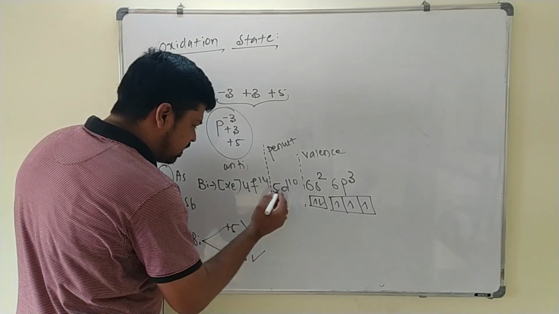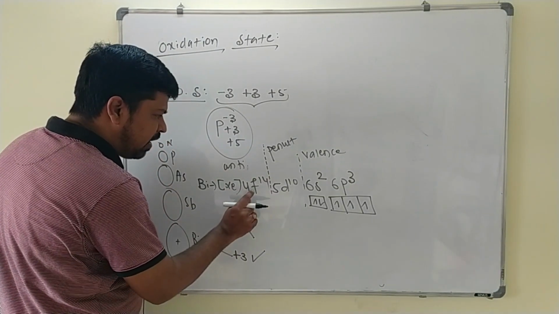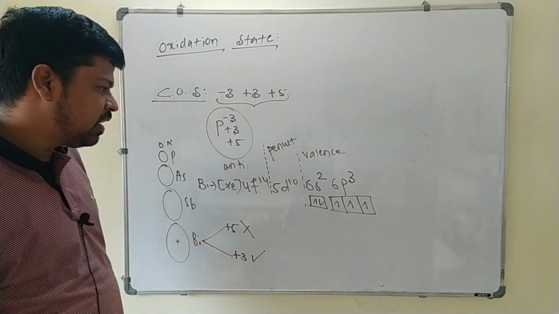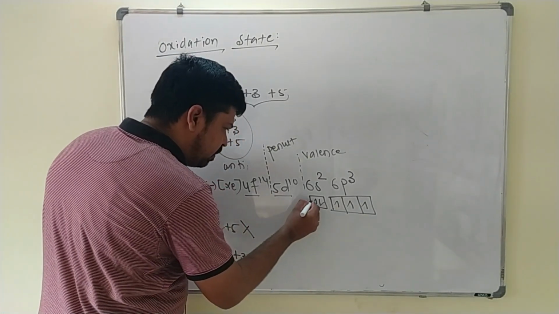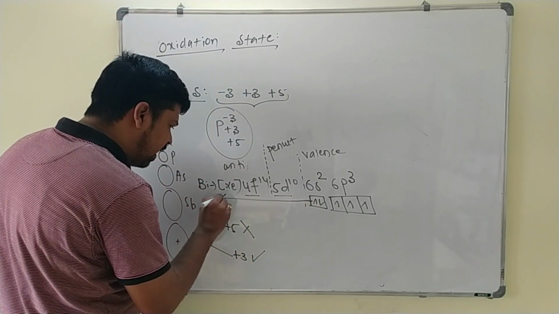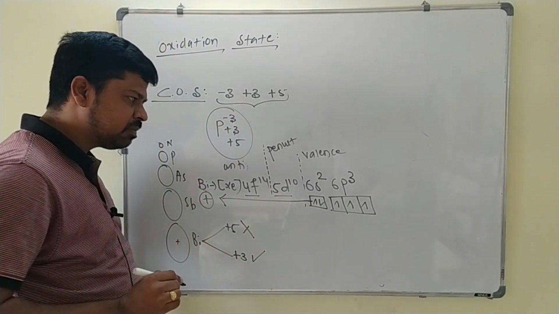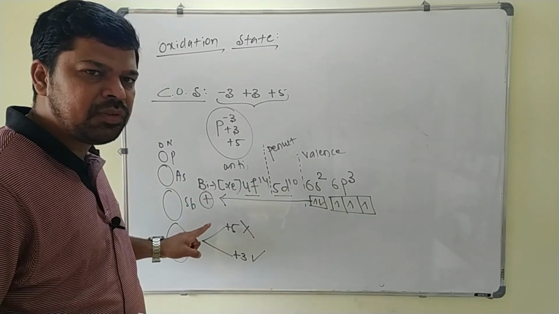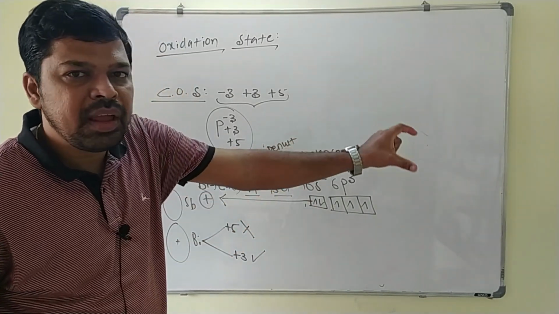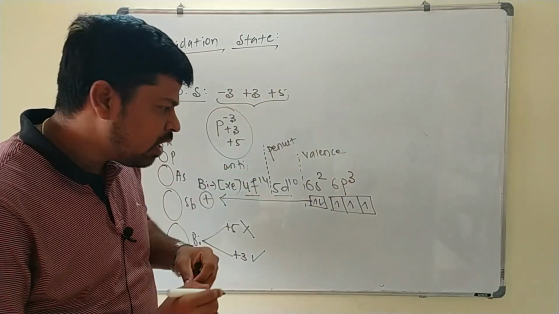Now what happens? Since bismuth has completely filled f and d orbitals in its inner shell, due to the poor shielding effect of d and f orbitals, these 6s electrons are strongly attracted towards the nucleus of bismuth. Since these 6s electrons are strongly attracted towards the nucleus, these electrons cannot be unpaired and they are not involved in the bonding.